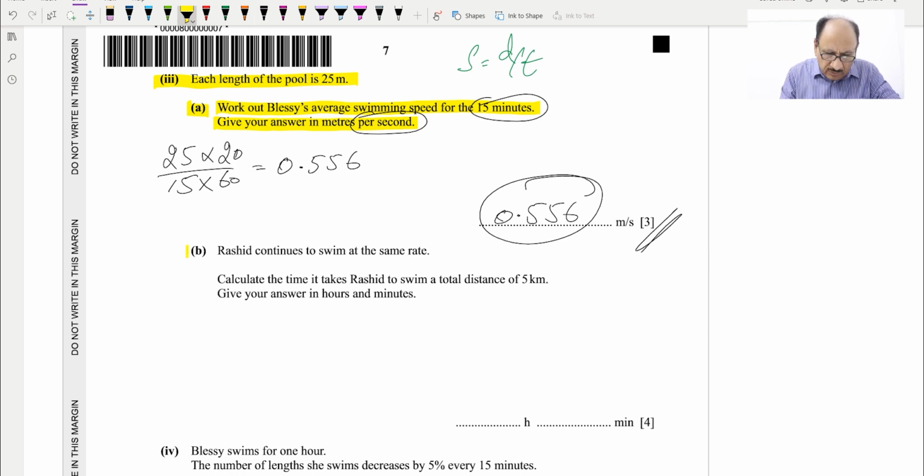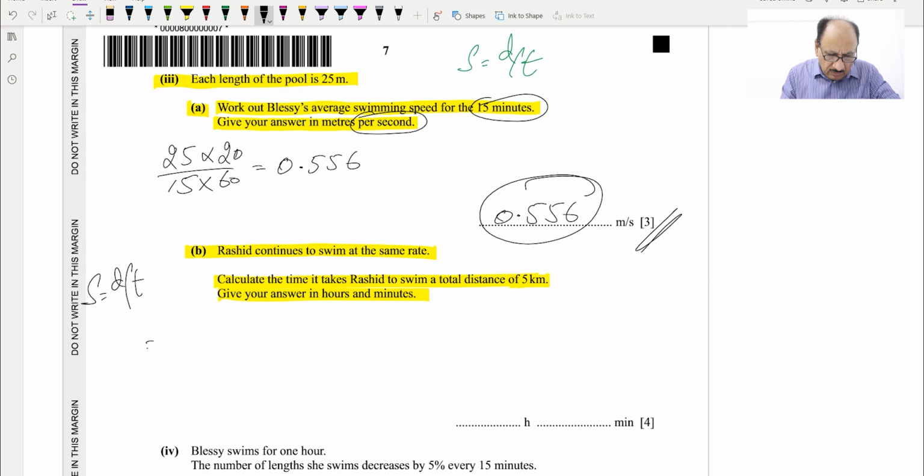Now B part, Rashid continues to swim at the same rate. Calculate the time it takes Rashid to swim a total distance of 5 kilometers. Give your answer in hours and minutes. So again, speed is equal to distance over time.